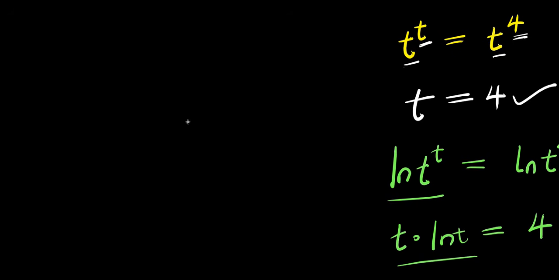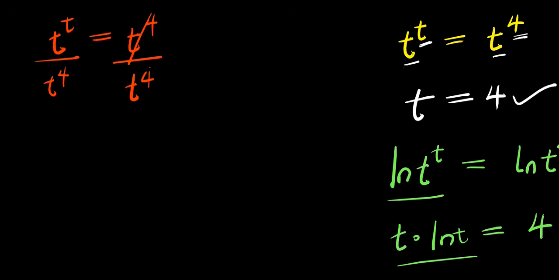Now, I can also decide to solve this problem again using a different approach, but not totally different. Let me introduce you to this other method. I can decide to divide this by t power 4. T power 4 eliminates t power 4. I have 1.